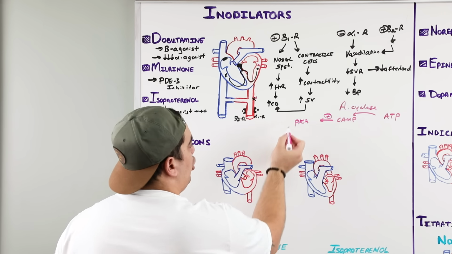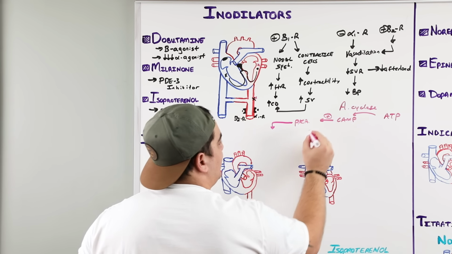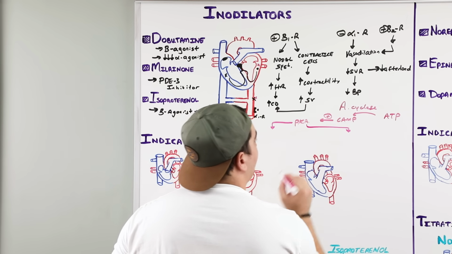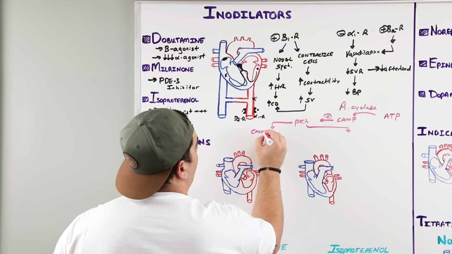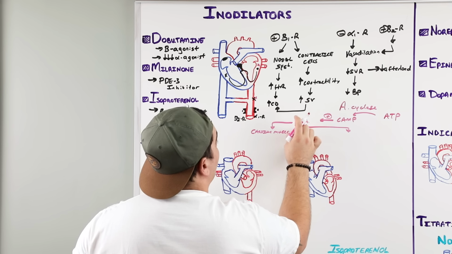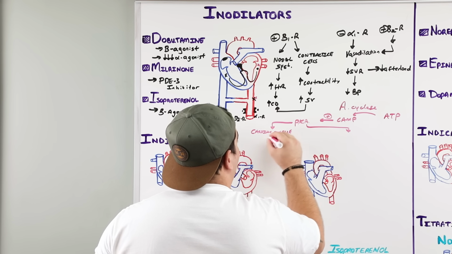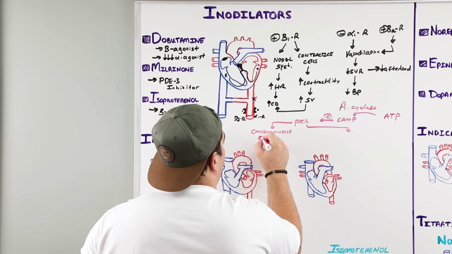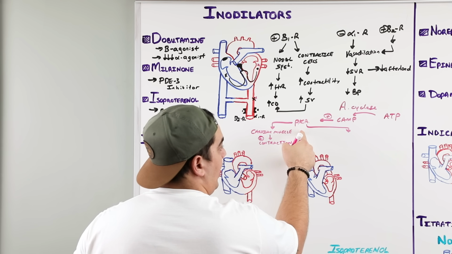Now, here's the difference. Protein kinase A has different effects within different tissues. So let's say over here, I cover protein kinase A in the cardiac muscle. In the cardiac muscle, it's actually going to stimulate contraction of the cardiac muscle, okay?